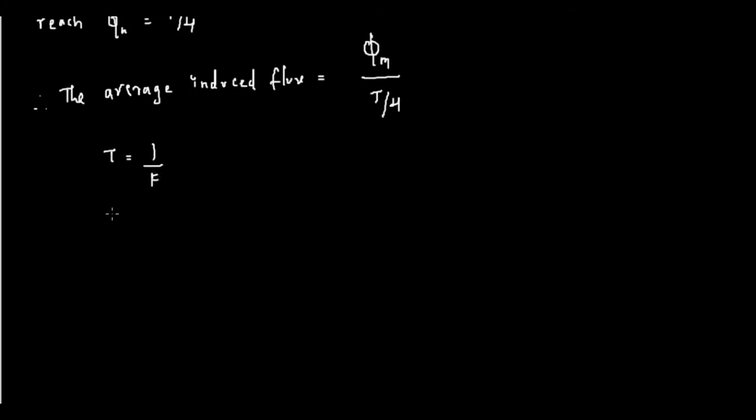So if you want T by 4, you multiply both sides by 1 by 4, and T by 4 will be equal to 1 by 4f. So you can substitute the value of T by 4 with 1 by 4f. So phi m divided by 1 by 4f, rearranged, will give you 4f phi m. So this is the average induced flux in the transformer.